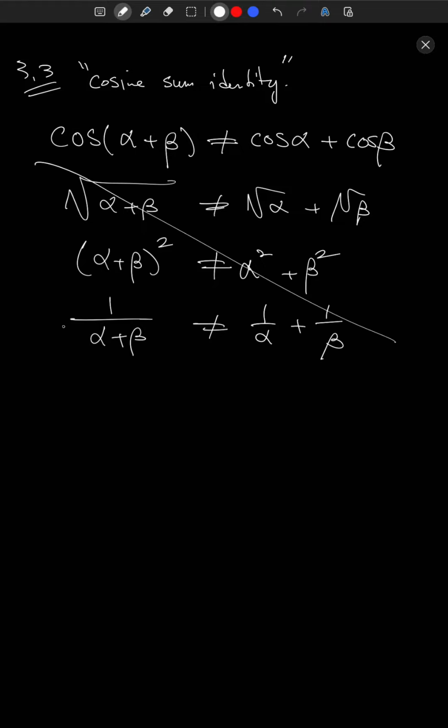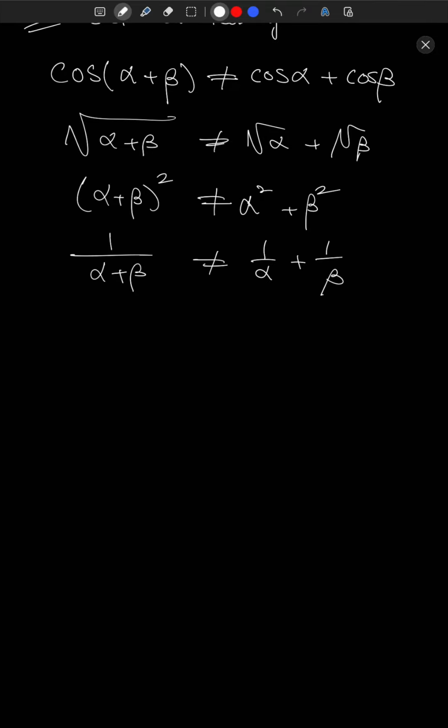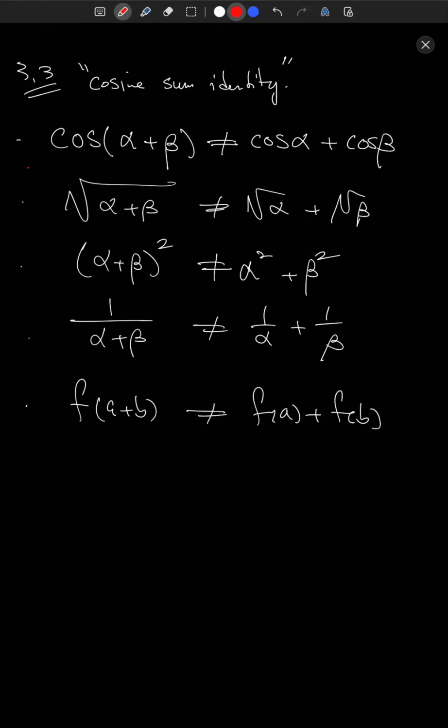So in general, these things are not true. And again, all of these false statements are, in general, the false statement f of a plus b is generally not f of a plus f of b. Okay, so this cosine statement up here is absolutely false.